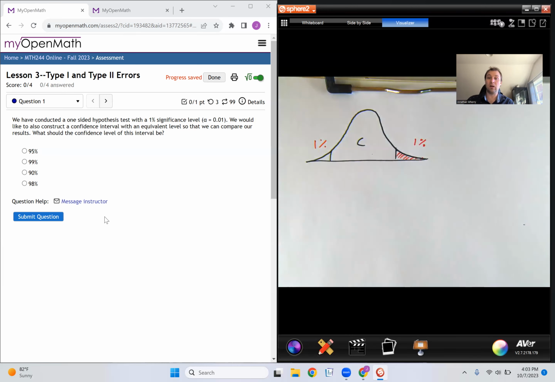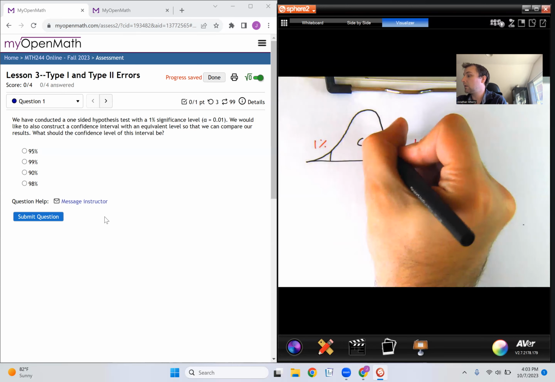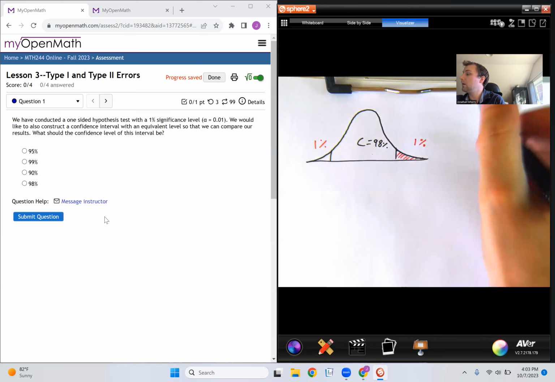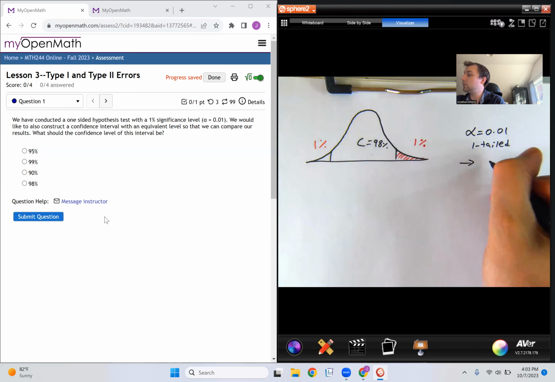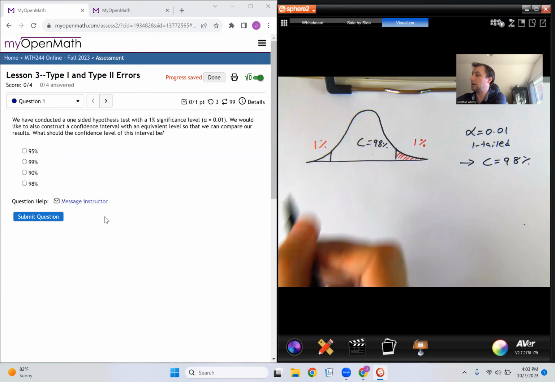And that leaves me with a confidence level of 98%. So if you have an alpha level of 1% and it's a one-tailed test, this is going to give you a confidence level of 98%.